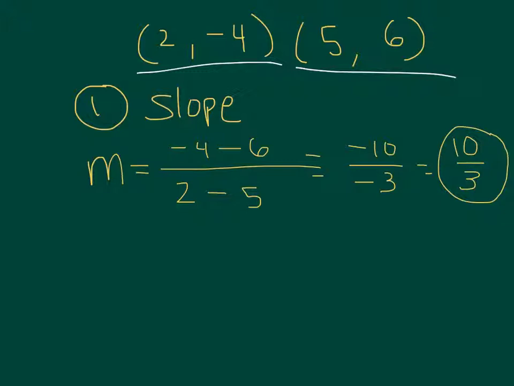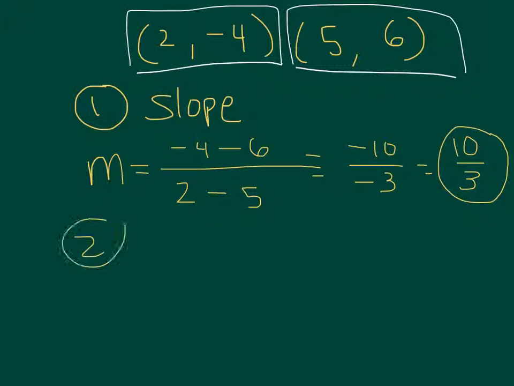Now that I have a slope, I can choose either of these points, whichever one looks nicer to me, and plug it into my point slope form, which again is y minus y1 equals m times x minus x1. I'm just going to take you through the plugging in part, and you can solve the rest on your own.